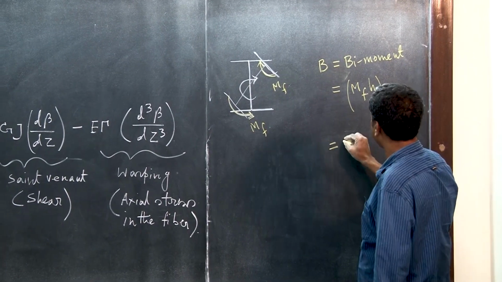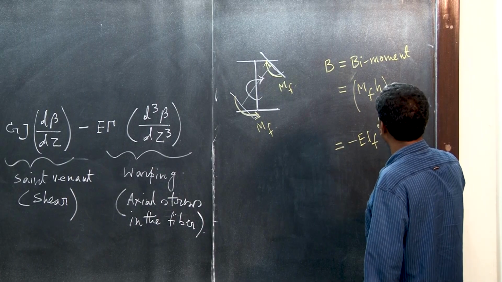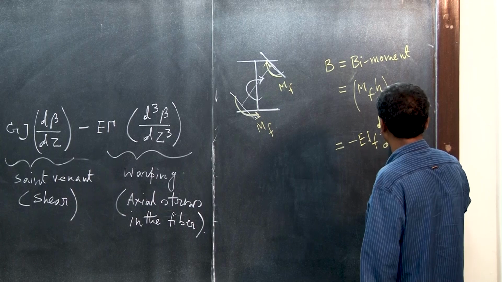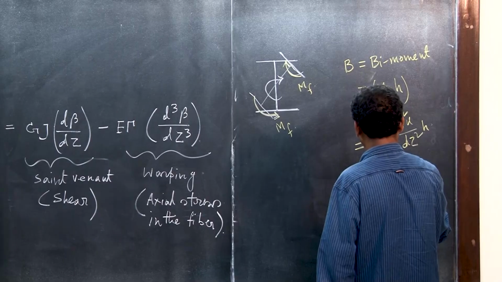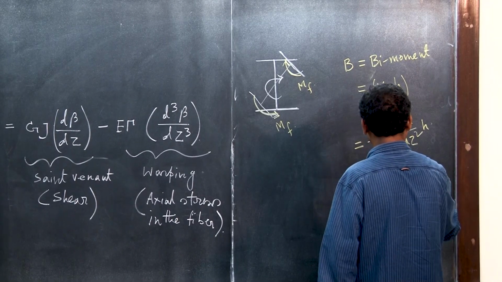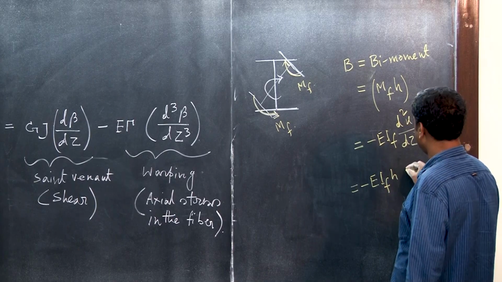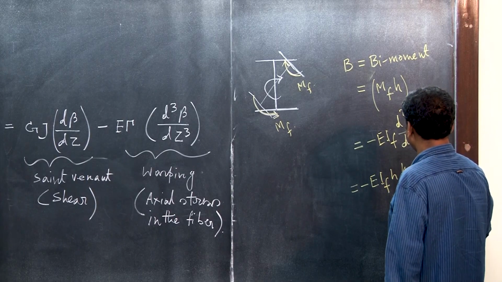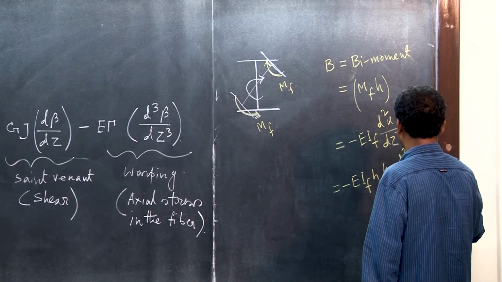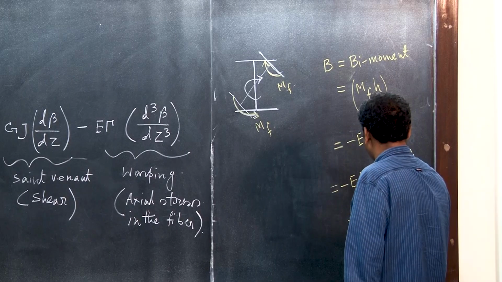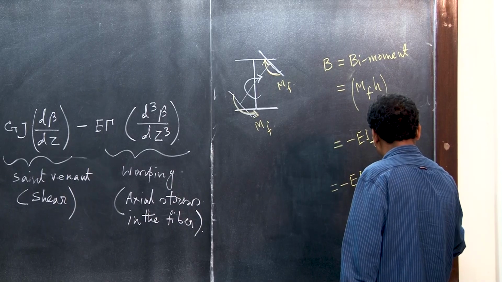M_f is nothing but minus EI_f d2u/dz2, right, into h, and this u is nothing but h by 2 into beta, right. So, h by 2 into d2beta/dz2. Okay. So, minus EI_f h squared by 2 d2beta/dz2.